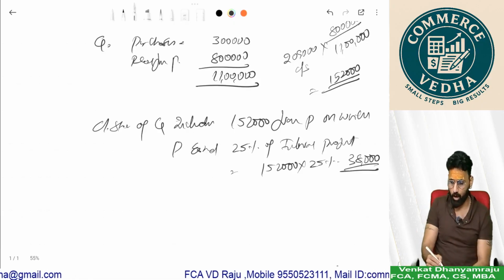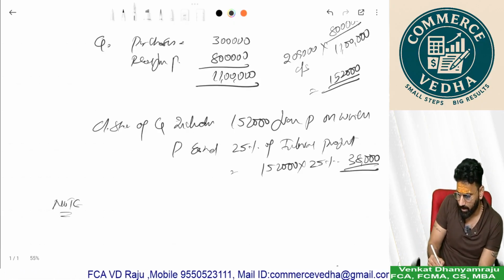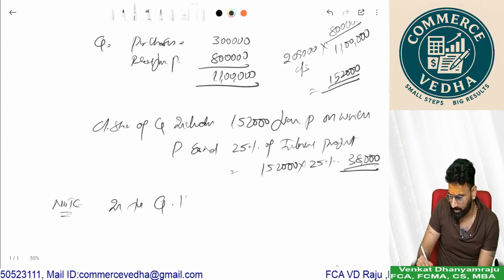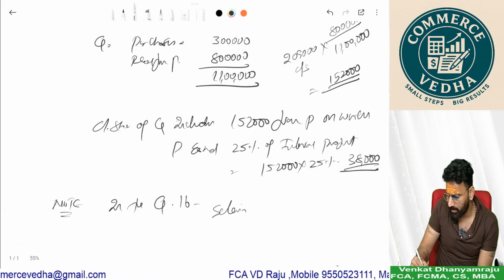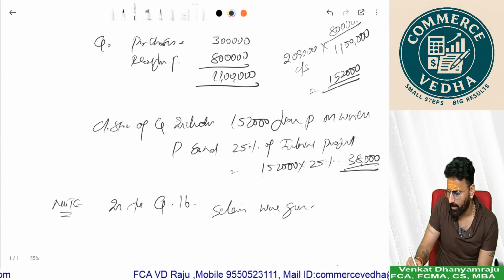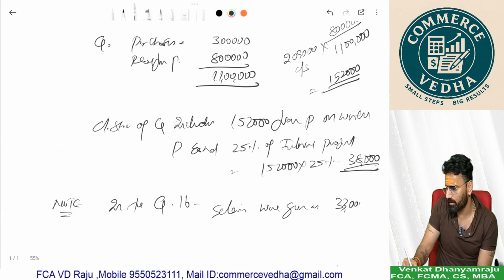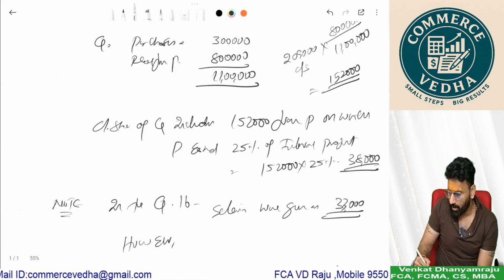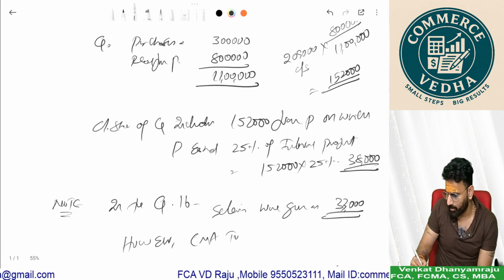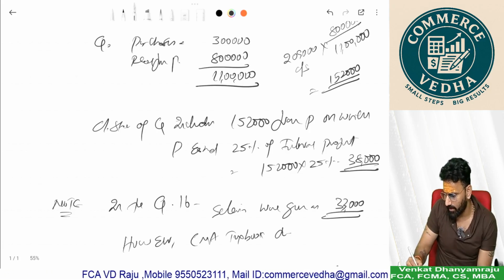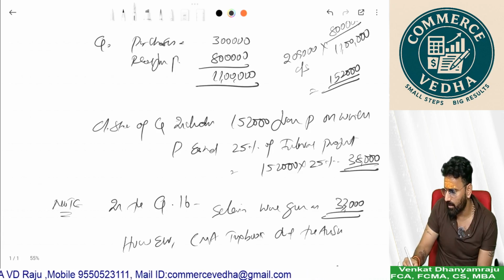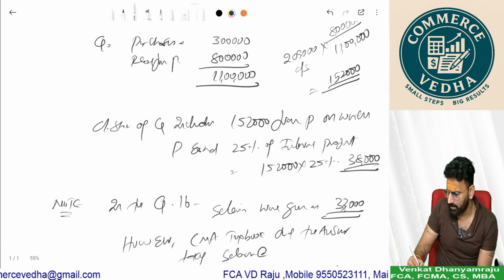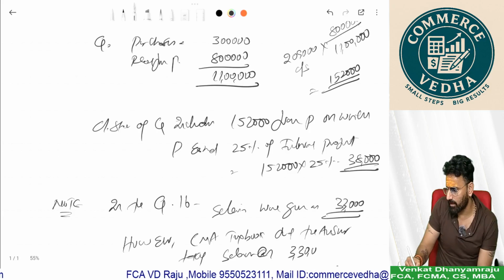However, a small note for you guys. In question number 16, salaries were given as 33,000. However, the CMA textbook did the answer taking salaries as 3,30,000.